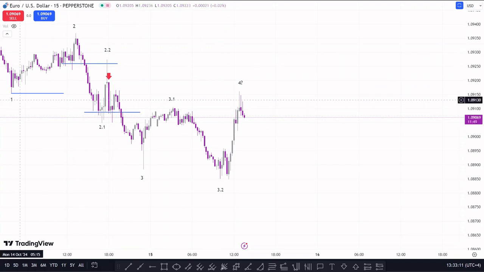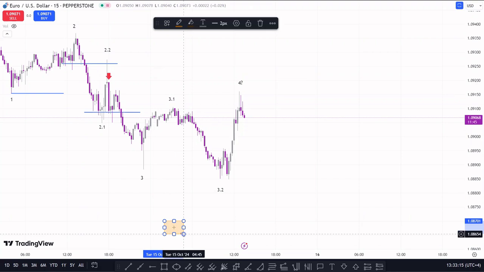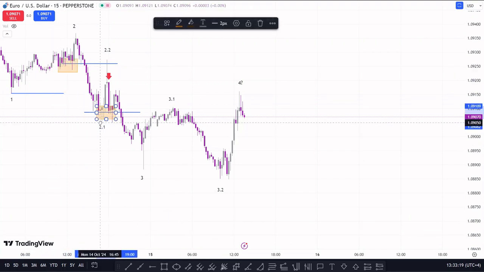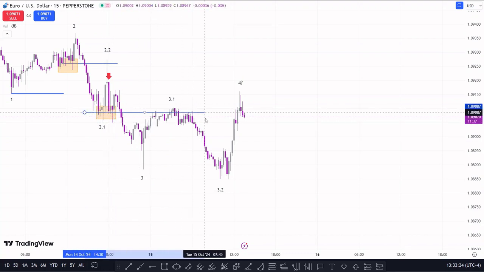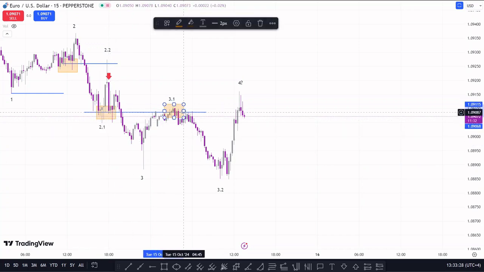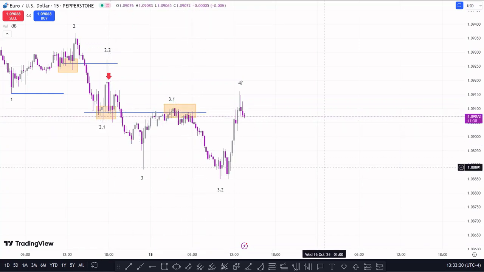And makikita nyo similarly dito sa frequencies na to, ganon din yung nangyari dito. So yung frequency which acts as support becomes a resistance later on. And doon nagkaroon ng price barrier din.